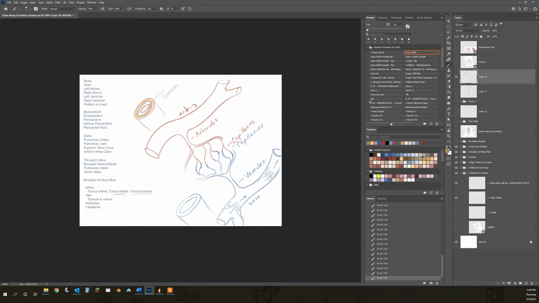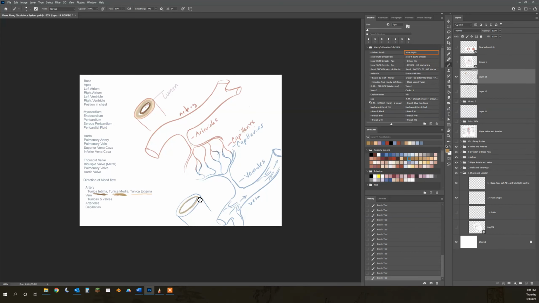And the next layer, which forms the wall of the lumen, is the tunica intima. And again, the lumen is just the opening. On the veins, we're going to have the same idea, only on a narrower scale. So you've got your lumen, which is again the negative space.